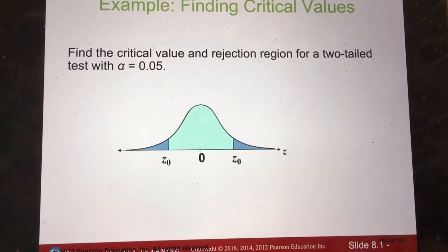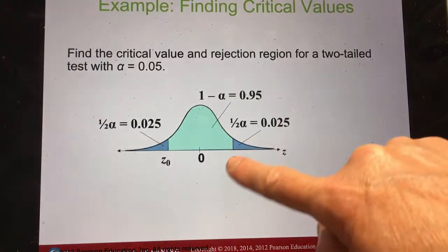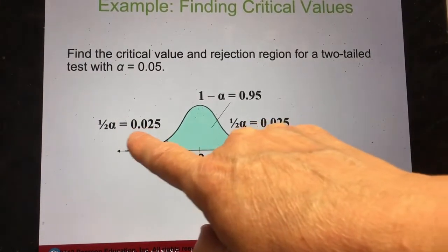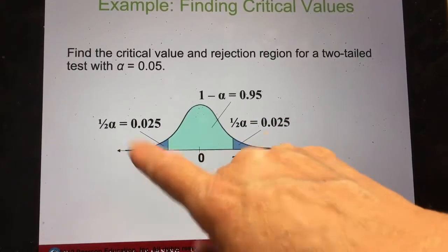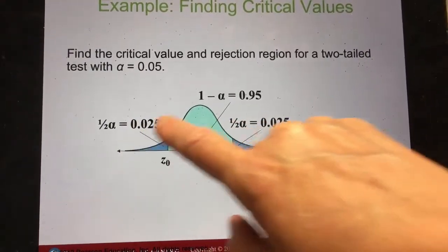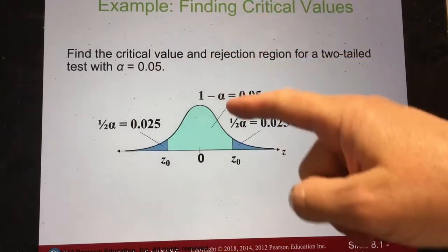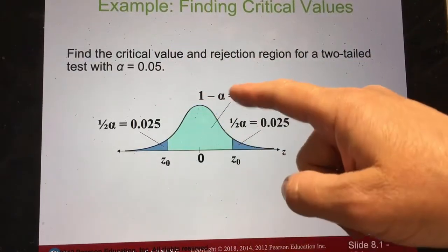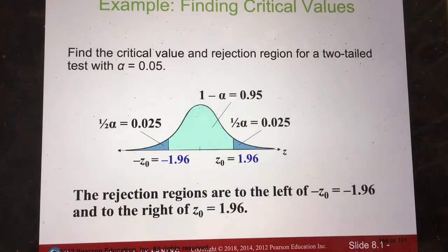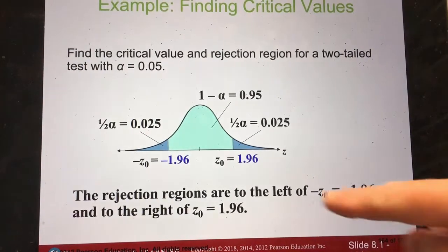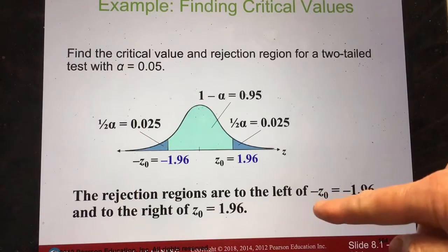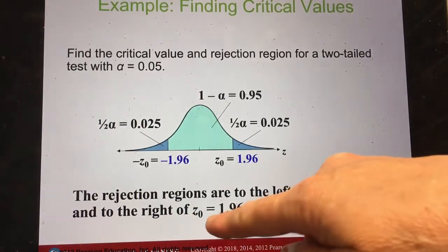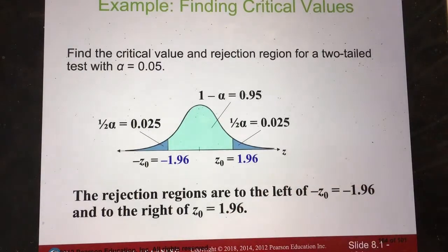So we're going to have the 0.025 over here, the 0.025 over here, and then that together makes the 0.05. So the middle is going to be 1 minus alpha, which is 0.95. And the rejection regions are to the left of negative 1.96 and to the right of positive 1.96.